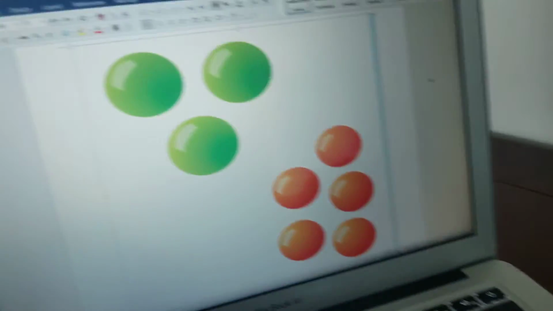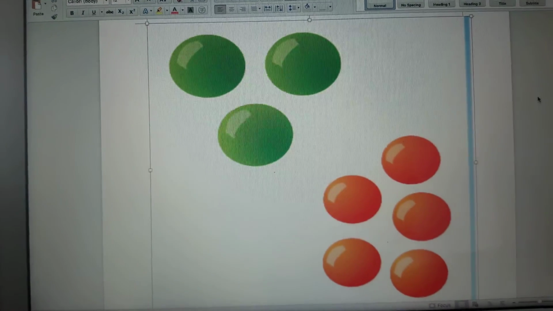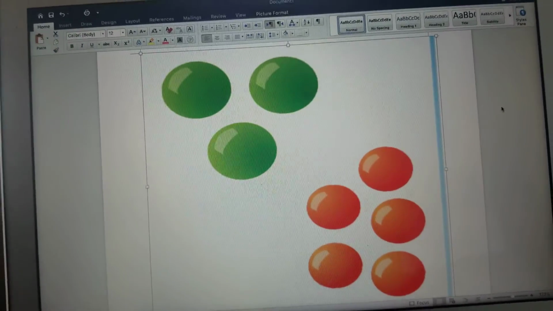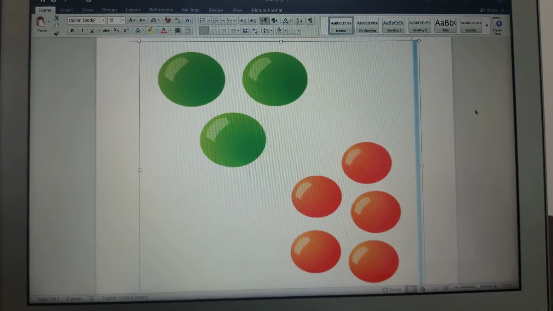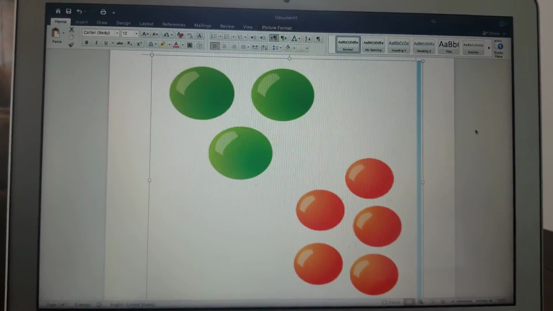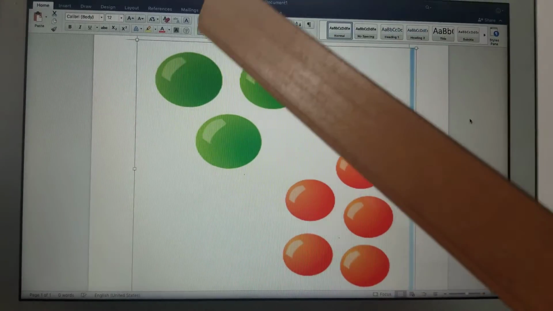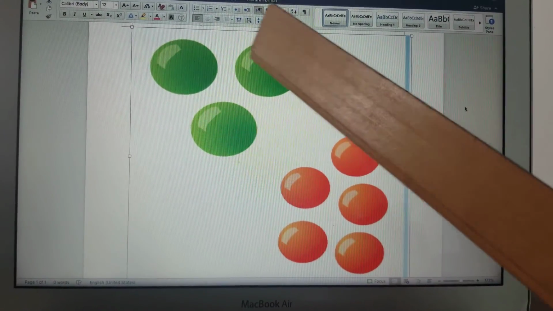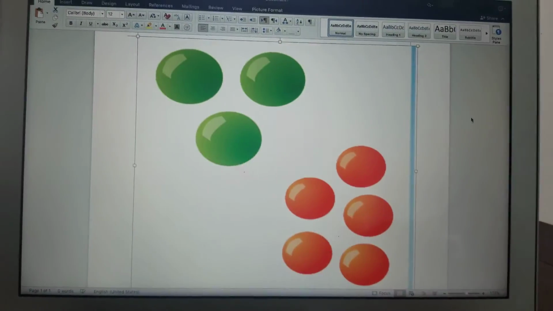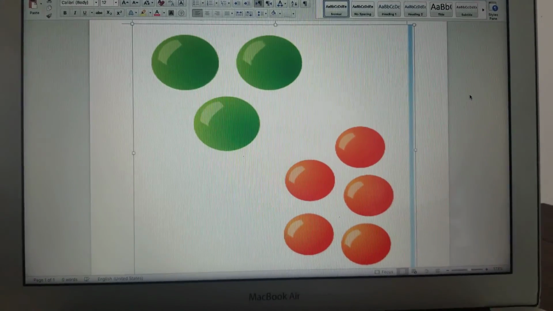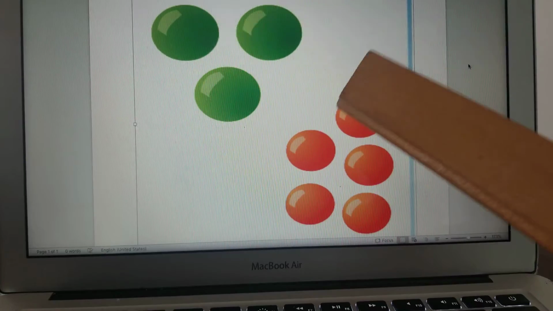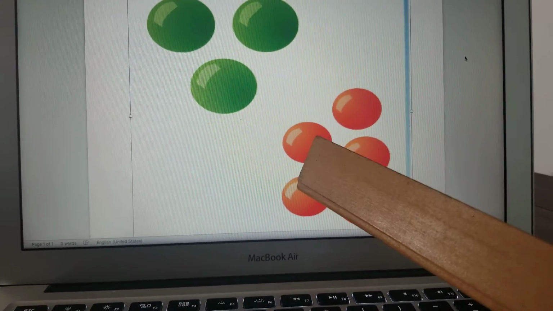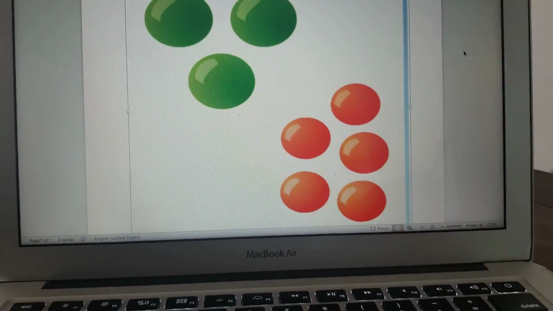Let's take a look over here. This is 2 sets of circles. Let's find out which set has more circles by counting them. 1, 2, 3 in the set of green circles. 1, 2, 3, 4, 5.